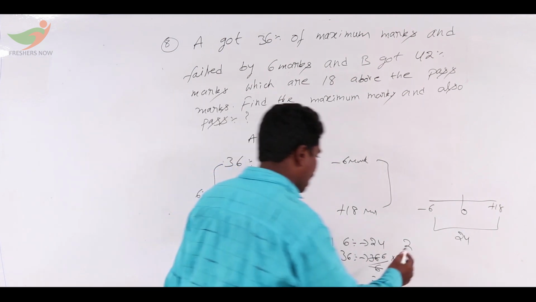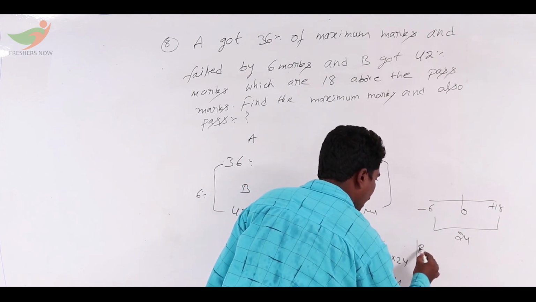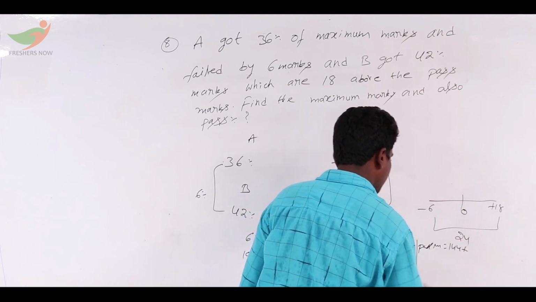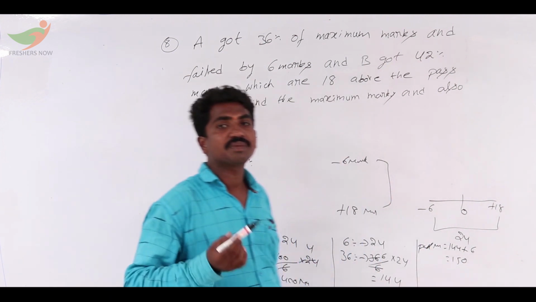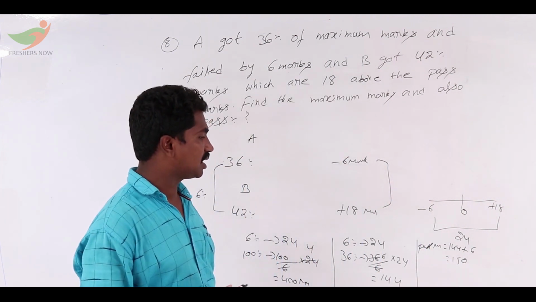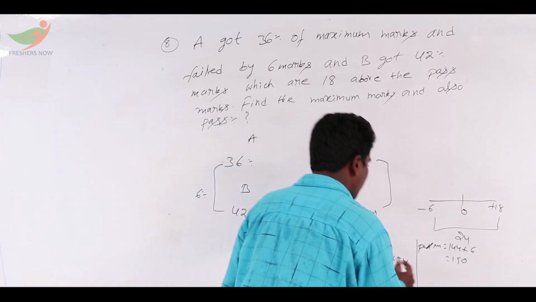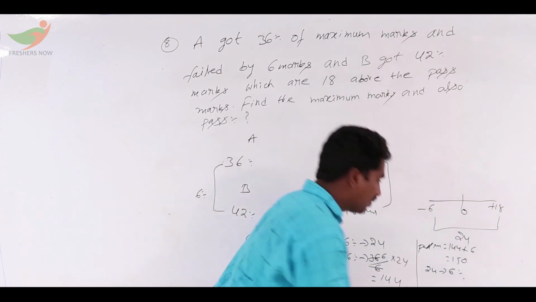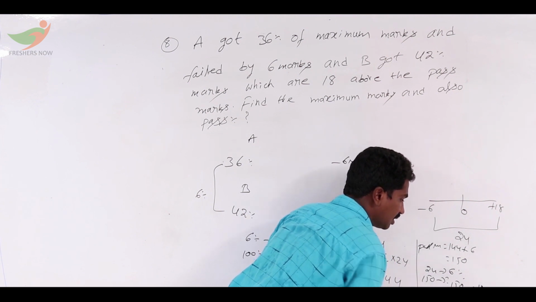So pass marks 144 plus 6, 150. He is asking pass percentage. 150 how much percent? We know 24 is 6%. So 150 how much? 150 by 24 into 100.